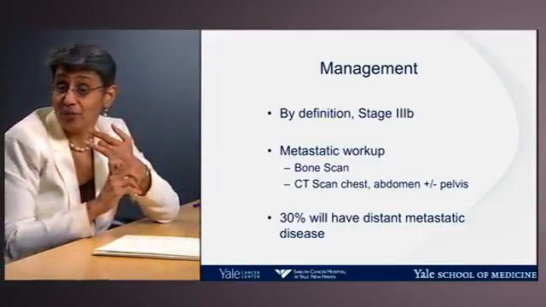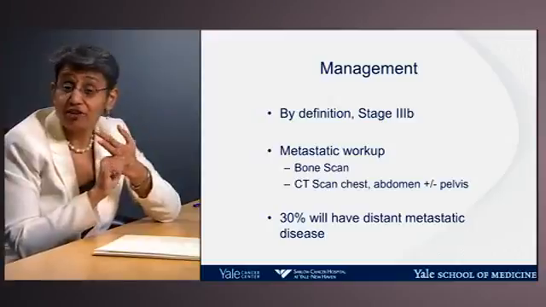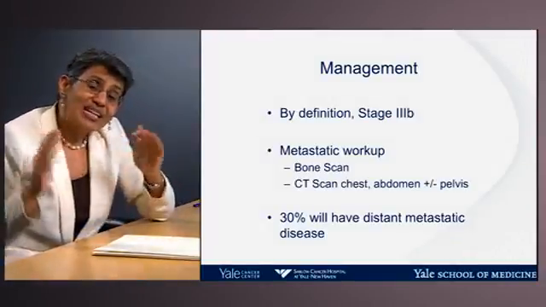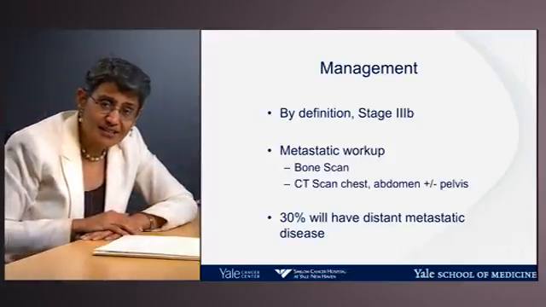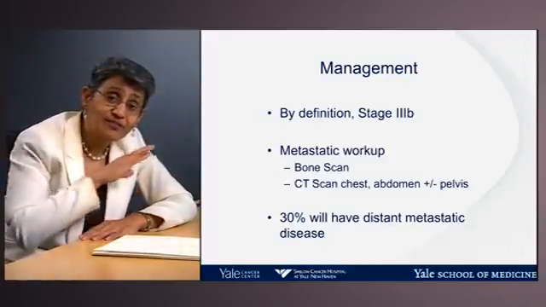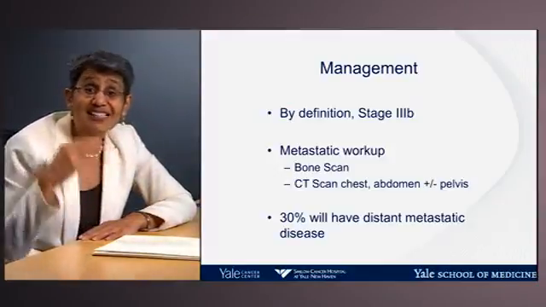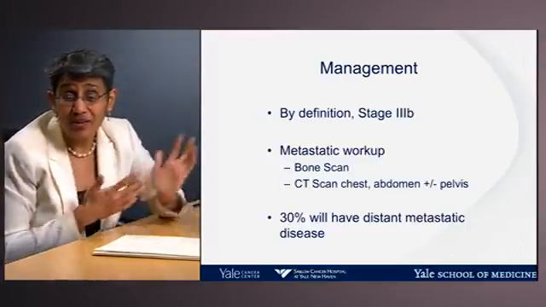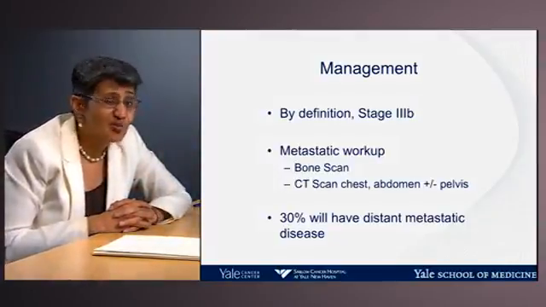So check their bones with a bone scan. Check their lungs and their liver with a CT scan of their chest and abdomen. But even if they don't have distant metastatic disease, so they're not stage 4, anybody who presents with inflammatory breast cancer is stage 3B at least. That's because we know that inflammatory breast cancer is really bad news.